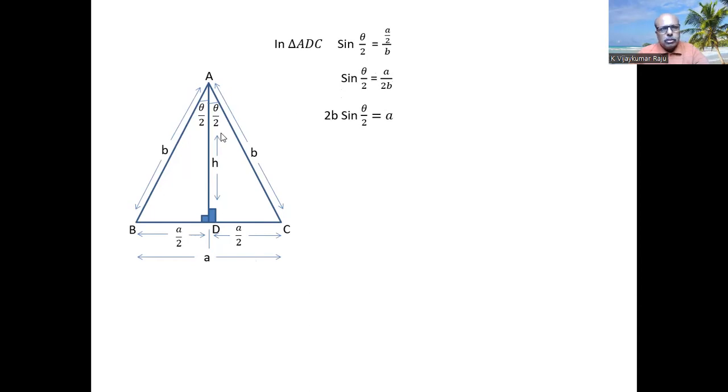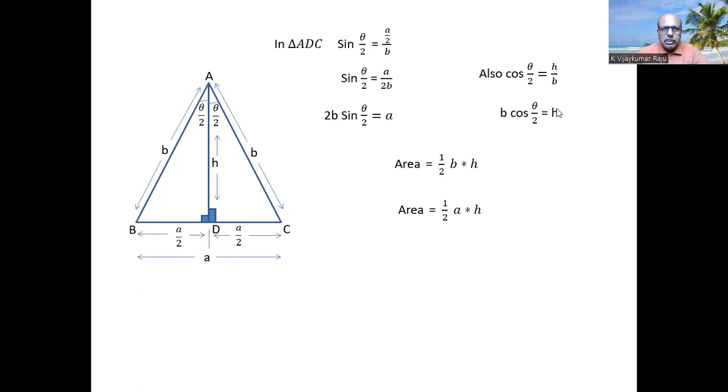Now let us take cos of this angle. Cos of theta by 2 is adjacent upon hypotenuse. So cos theta by 2 is h upon b. That is b cos theta by 2 is h. Area is half into base into height, that is half into A, where base is A and height is h. Let us put the values.